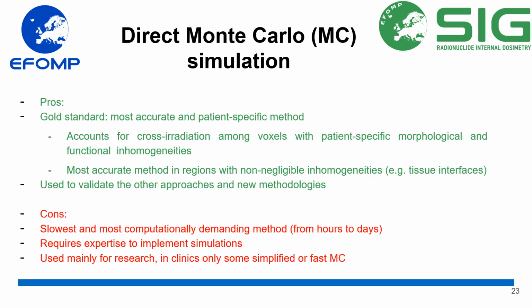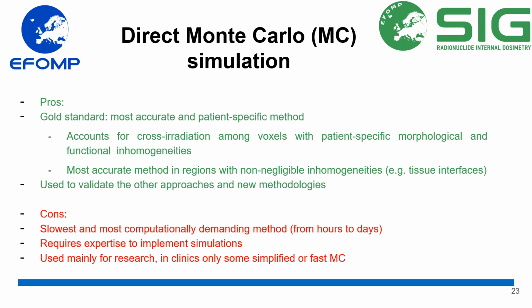Direct Monte Carlo simulation is the gold standard for dosimetry, being the most accurate and patient-specific method. It accounts for the cross-irradiation among the voxels, taking into account patient-specific morphological and functional inhomogeneities, and being the most accurate method at tissue interfaces.